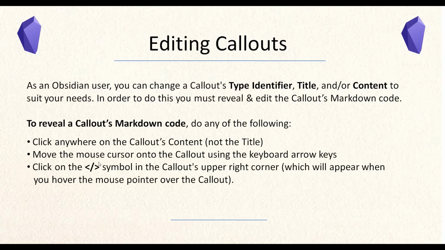So that's what the symbol looks like. You'll see it in the upper right corner, and I'm going to demonstrate this now. So doing any one of these will reveal the markdown code for the callout. Once you have that markdown code revealed, you can edit the callout however you wish. In other words, you can change its type identifier, you can change the title, you can change the content. Let's take a look at that.